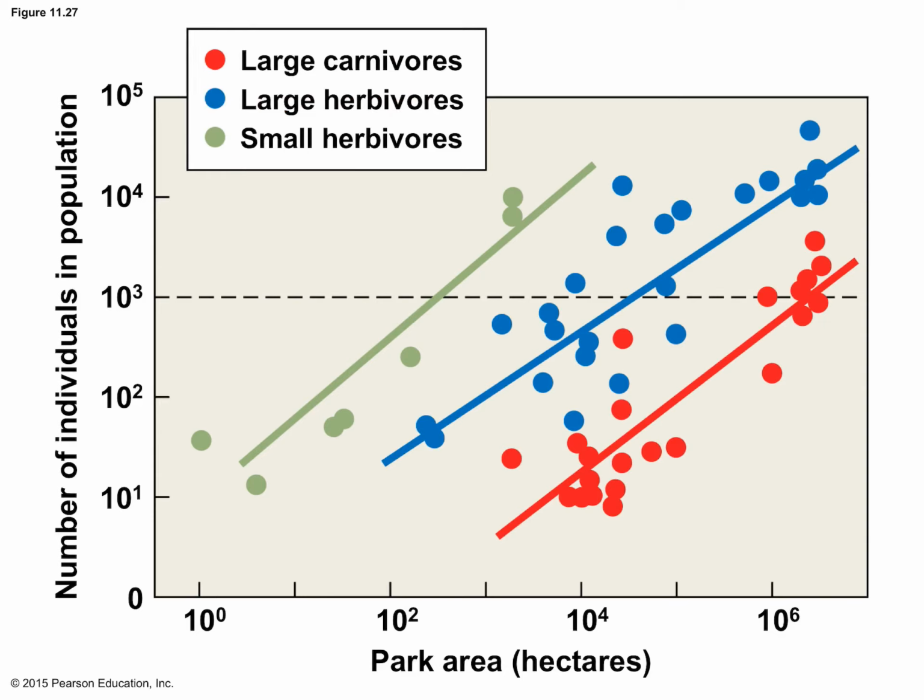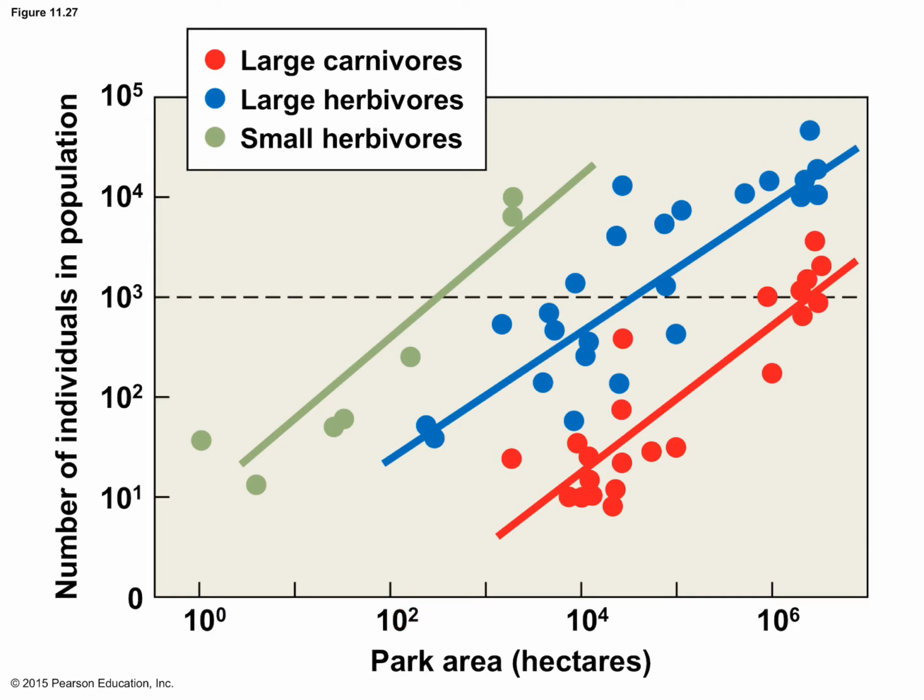Okay. If the minimum viable population of a species is 1,000, that's our dashed line here, 10 to the third, then you can see that parks of at least 100 hectares are going to be needed to protect small herbivores.